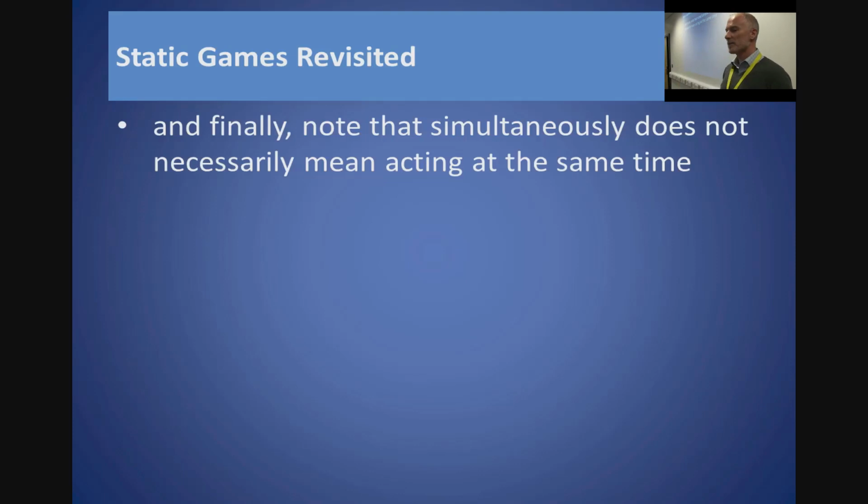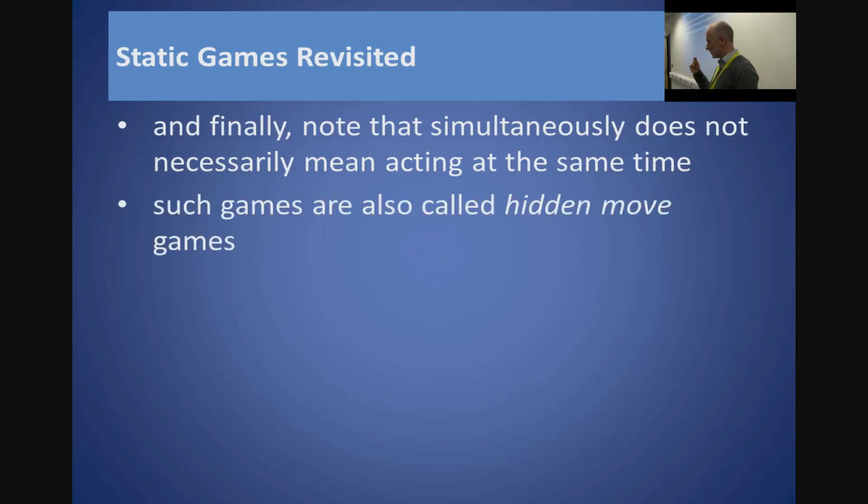Well, let's think back to the prisoner's dilemma, where the suspects are choosing to deny or confess. It does not mean that they tell the police at exactly the same point in time whether they deny or confess. These simultaneous move games do not mean that. It doesn't mean at precisely the same point in time they make their decision.